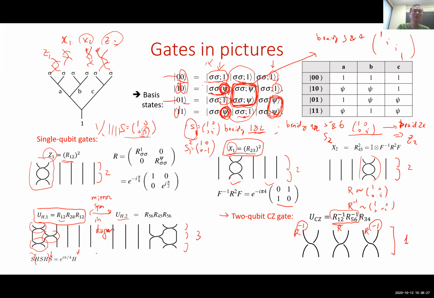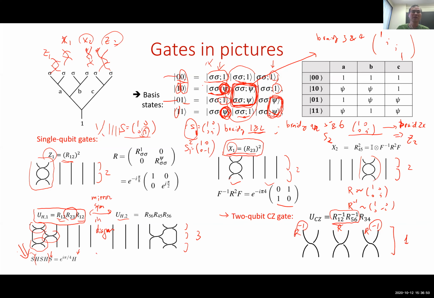So we already understand that 2 and 3, if you do it twice, is XK, but if you just do it once, it's really just H S H, where you sandwich H with the two braidings that give rise to S. So we just multiply these matrices.